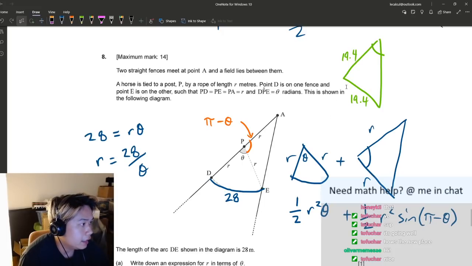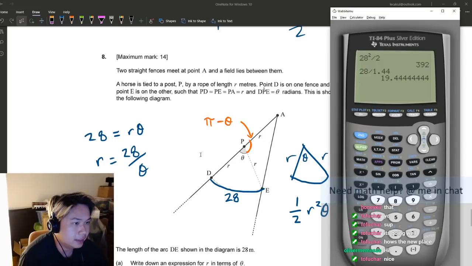And then you also know what this angle is, because this angle is pi minus theta. I always have trouble finding pi on this graphing calculator. Where is pi? Oh, there it is. So pi minus 1.44, which is 1.7.